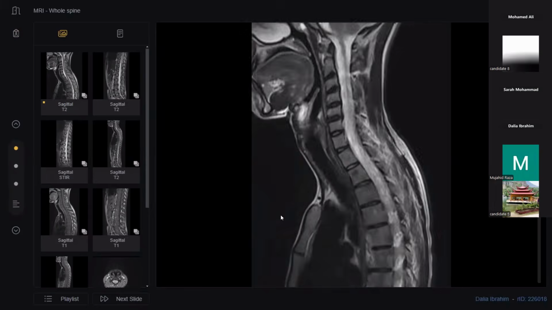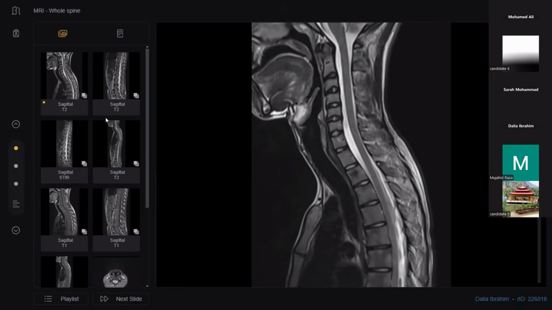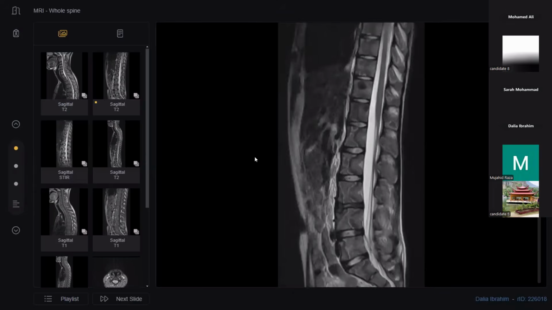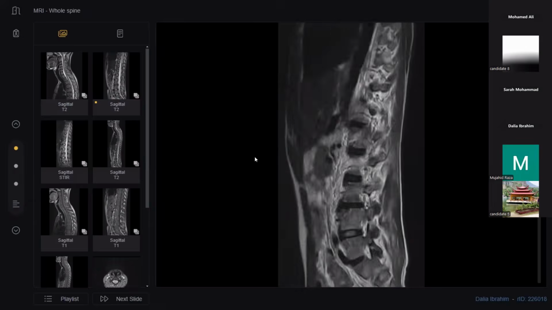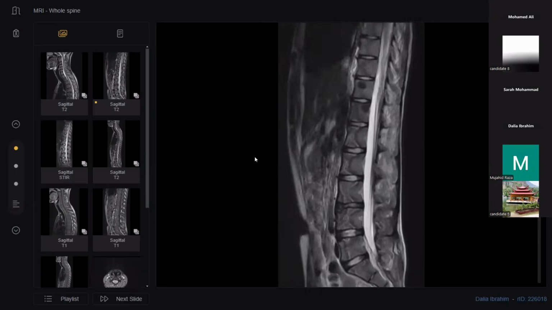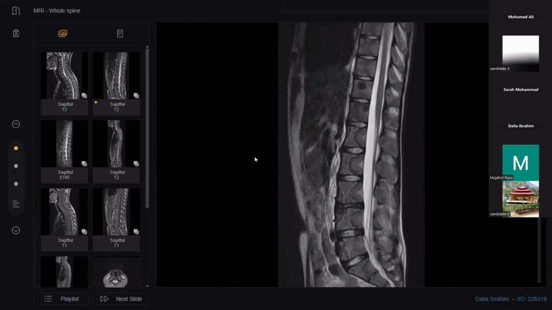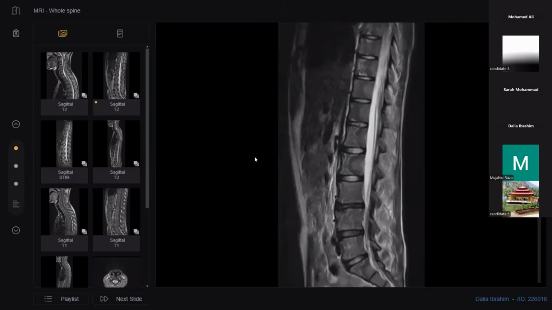Okay. This is the T2 of the cervical dorsal region, and this is T2 of the dorsolumbar region. There are diffuse bone changes, more evident in the lumbar. Low T2 signal of the bone marrow.